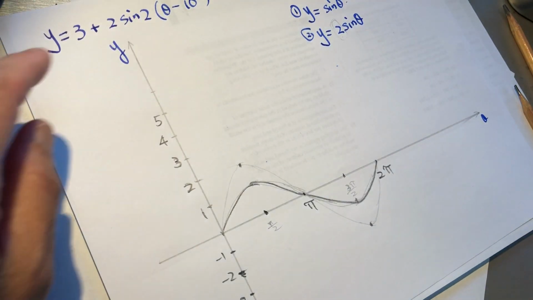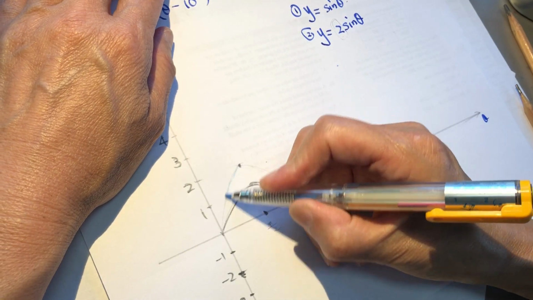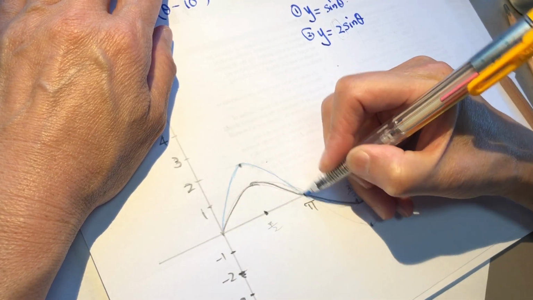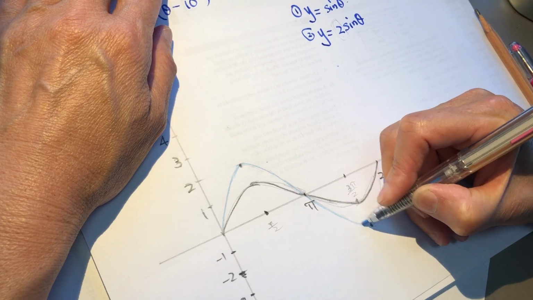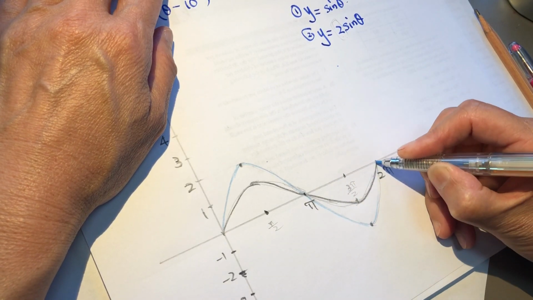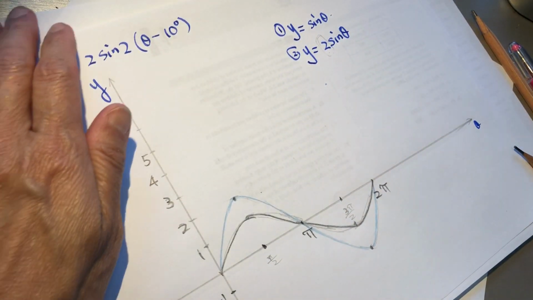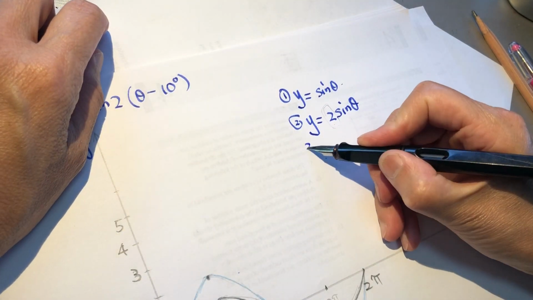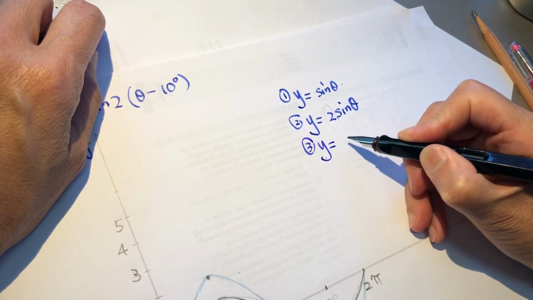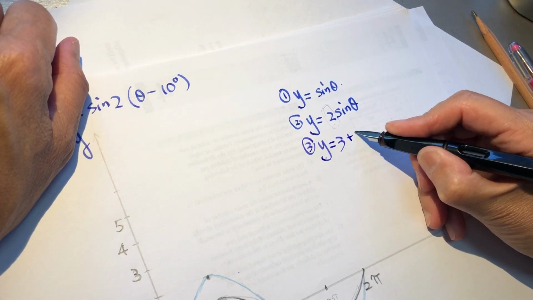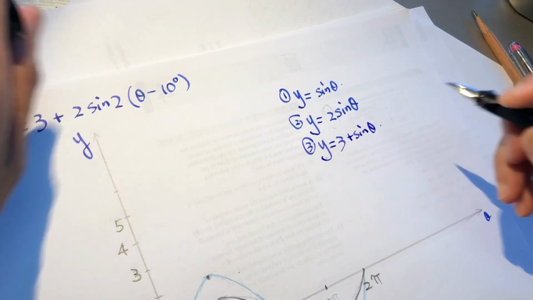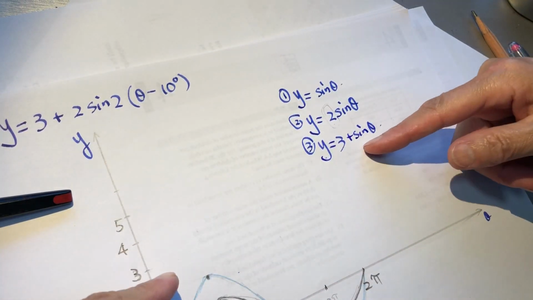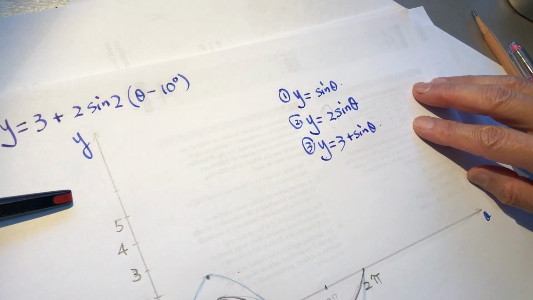Okay, I will use another color, which is blue. We finished the very first transformation. Now we do the second step of transformation, y equal to 3 plus 2 sine theta, which means it moves the graph 3 steps up, right?